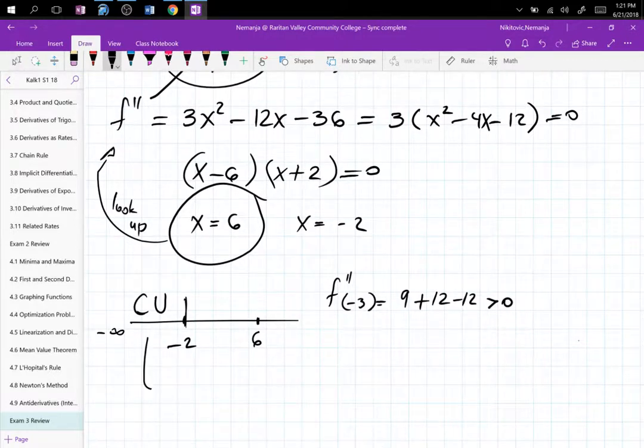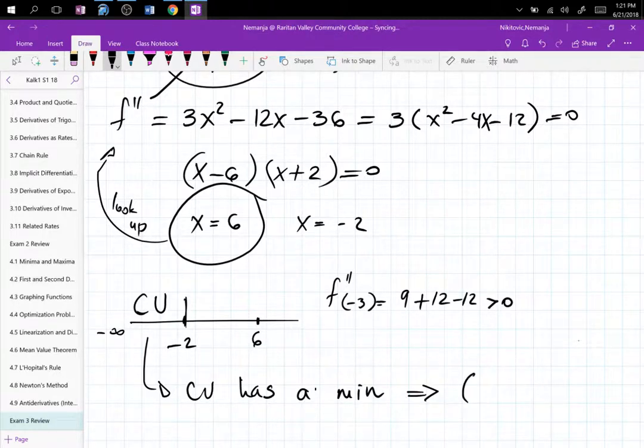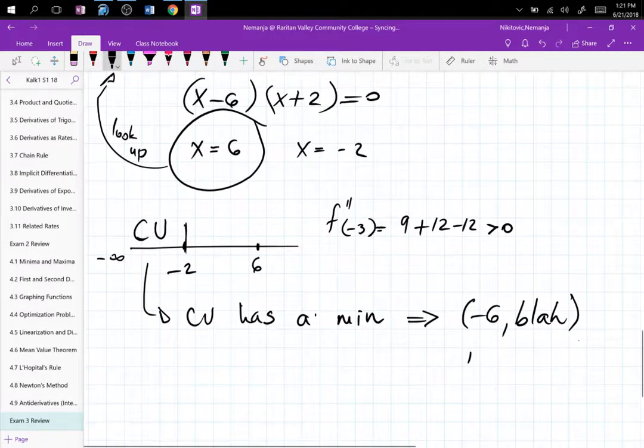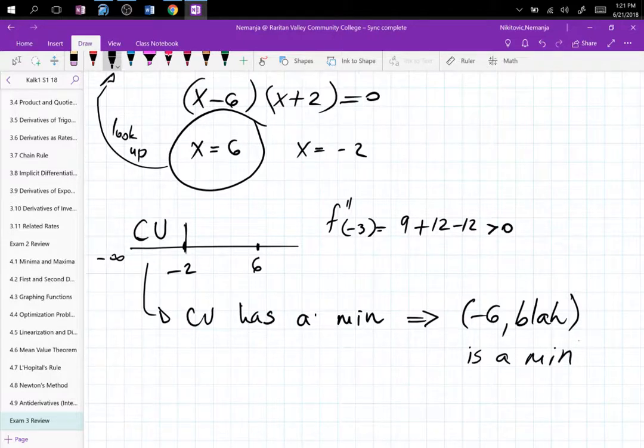Concave up has a minimum, which implies that negative 6, whatever, is a minimum. You obviously go and compute your y value in that long expression. This is a very good representative of a min-max problem that will be on the test.